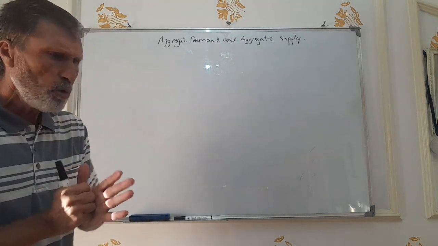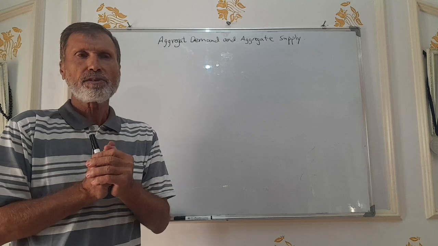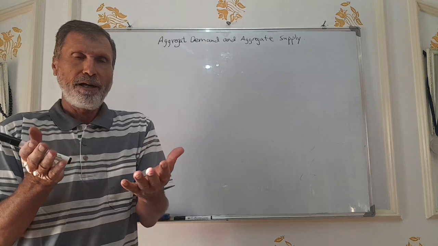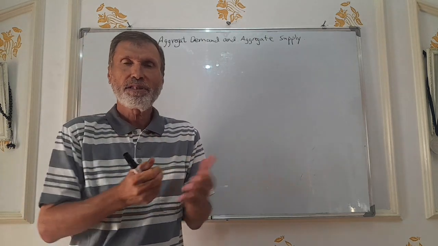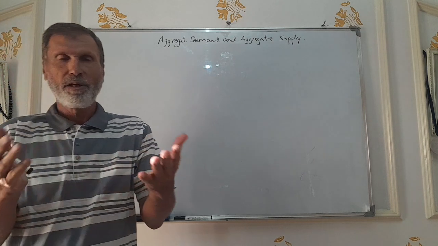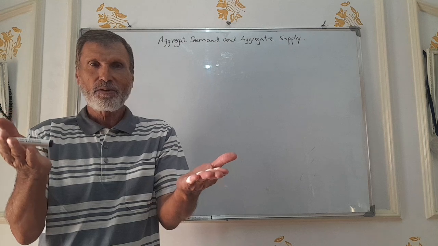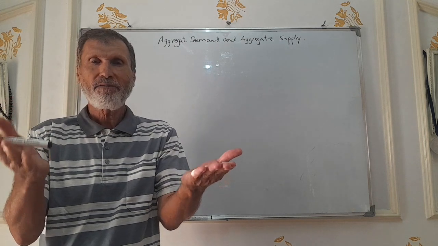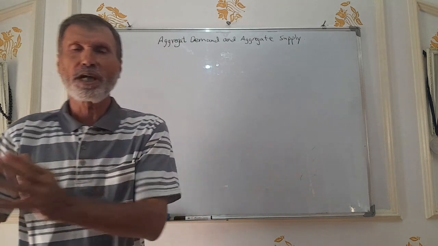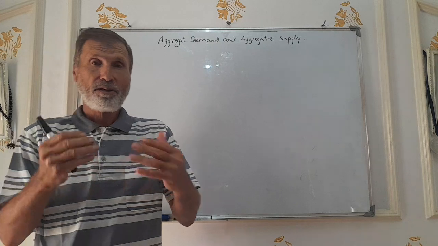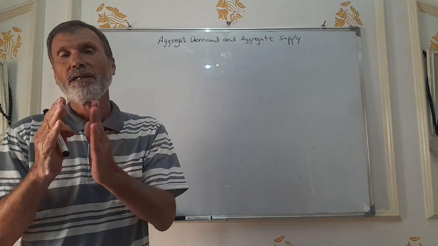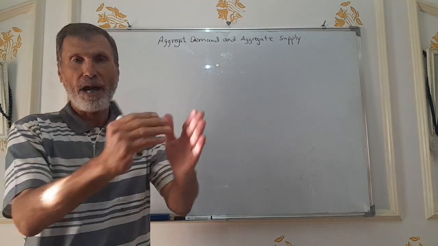Now, when we think of an economy, we think of two major activities. We think of the buying activity and the producing activity. And economists, when they're speaking about the aggregate demand, they basically are speaking about the buying activity.